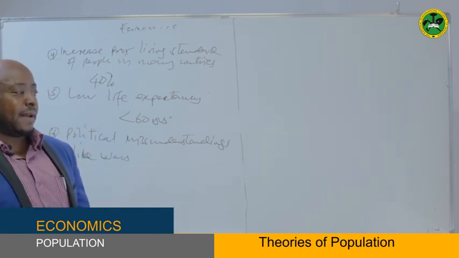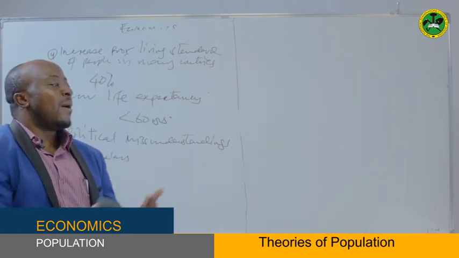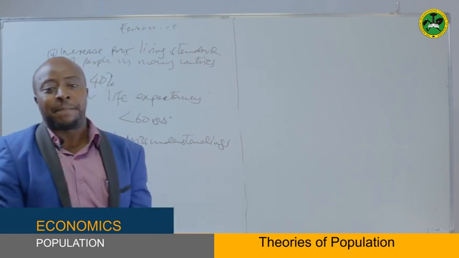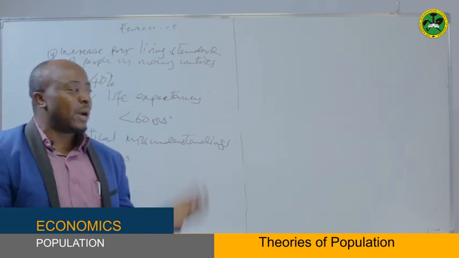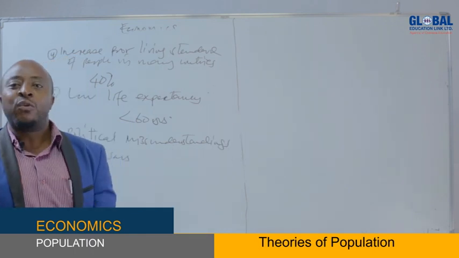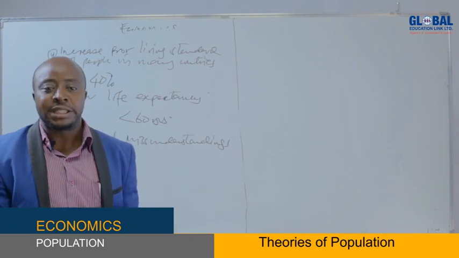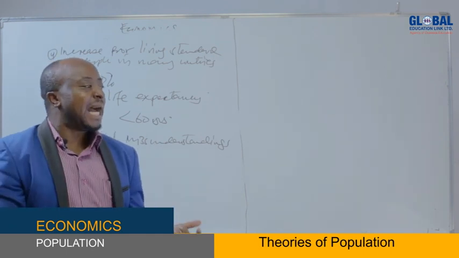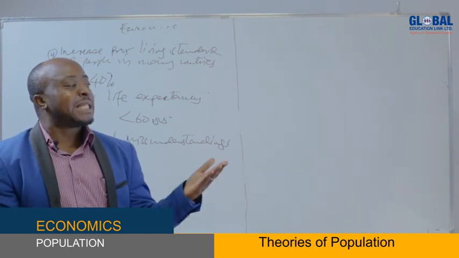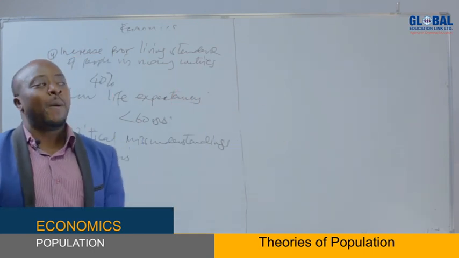What can be done in the society, maybe in Tanzania? What should we do to avoid our country moving into population trap? We say population trap is the point where population is larger than the food available, so the possibility of it increasing further may be limited because food is not enough. So what should be done to make sure that the population is not moving into that population trap?